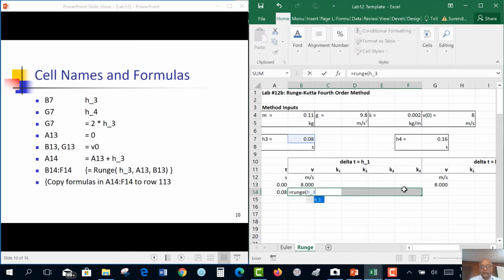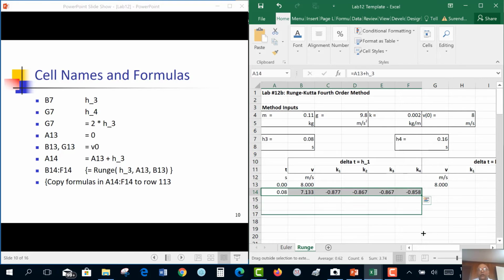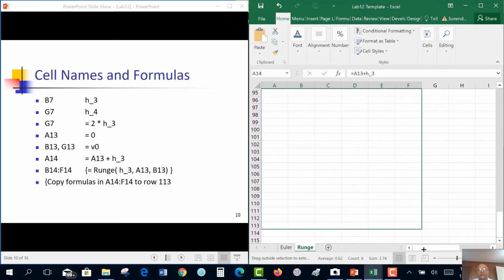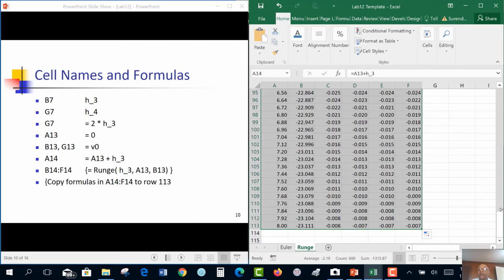H is H3, X is previous time, and previous velocity. And remember, Control, Shift, Enter. So we'll take in all these formulas and copy them to row 113. And we get to 8 seconds.